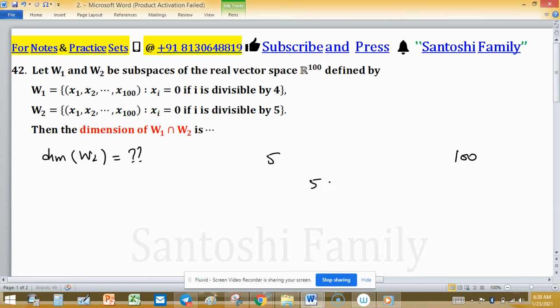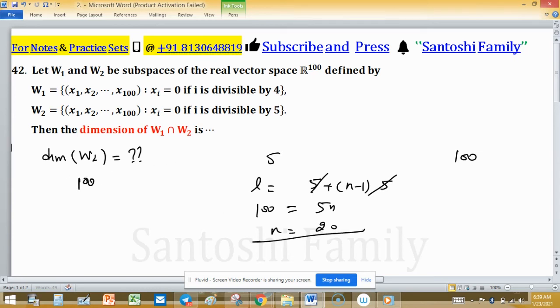So by the formula L equal to A plus (n minus 1) into d, where L is the last term or nth term, common difference will be 5. So 100 equal to 5n, so n equal to 20. So the dimension of W2 will be 100 minus 20, equal to 80.